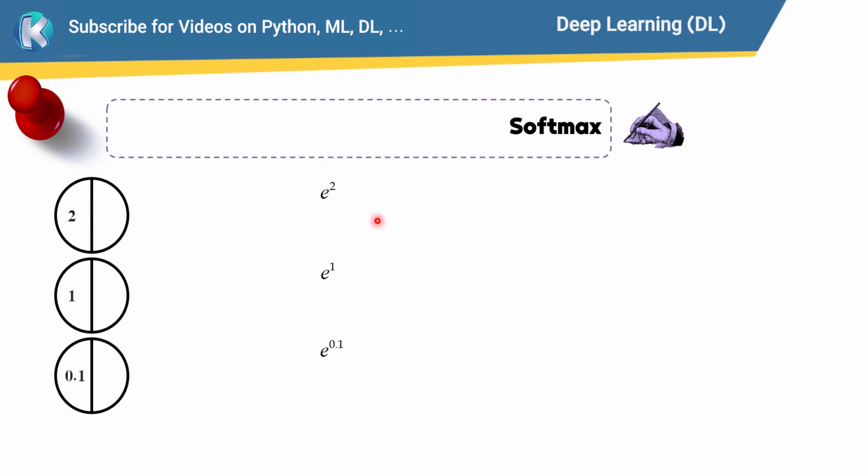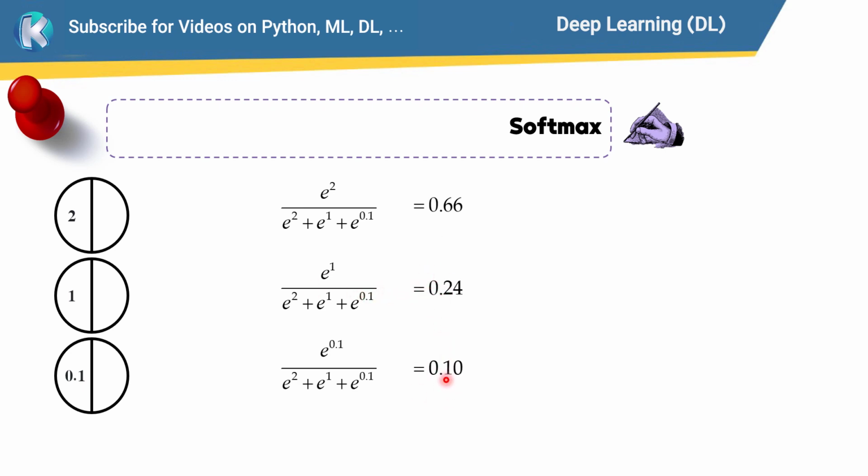When I say normalize, I mean we should divide each of these numbers by the summation of these numbers. So we divide this by the summation of these numbers, and we do the same thing for the others. And if you calculate all of this, you can see that the result of this is 0.66, the result of this is 0.24, and the result of this is 0.10.